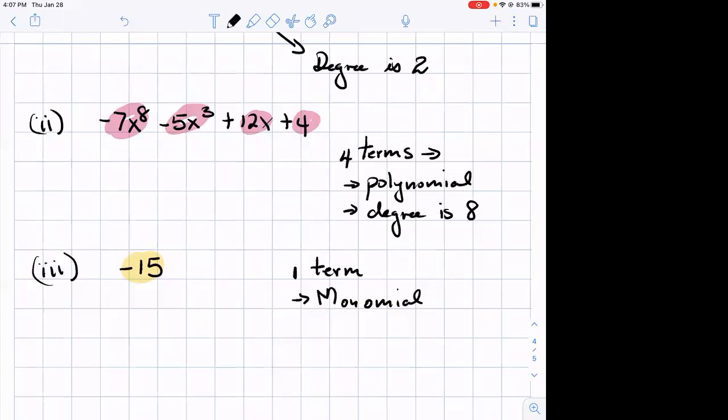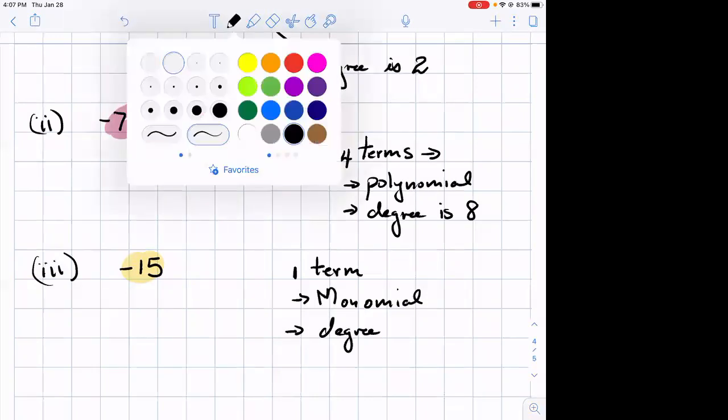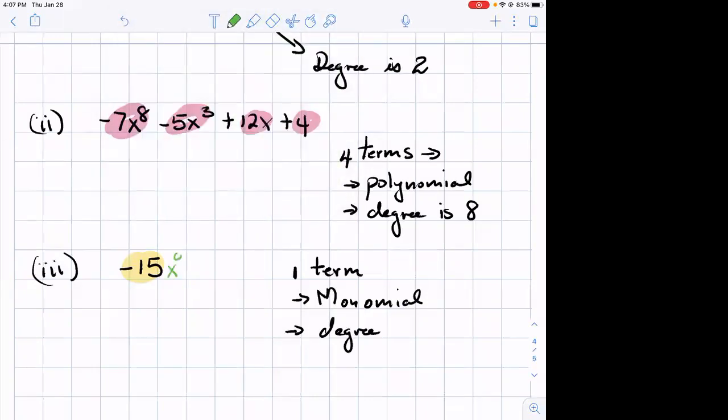And the degree, well, degree is the power of the variable. Now keep in mind that 15 is the same as 15x to the 0 power, because x to the 0 is 1, right? So the degree is 0. The degree of the polynomial is 0.